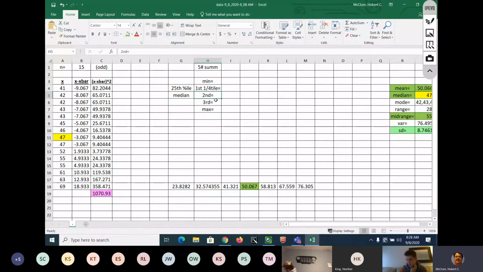Second quartile is also called the 50th percentile or the median. And the third quartile, just give me a second, and I'm not a very good typist. 75th percentile.